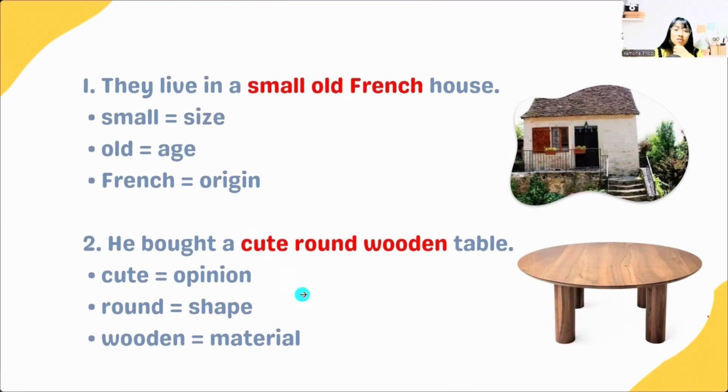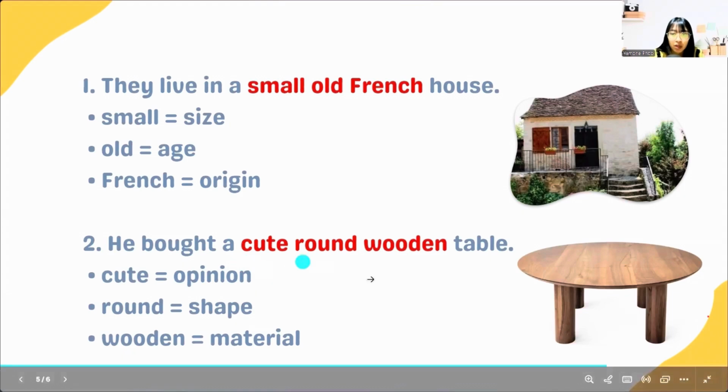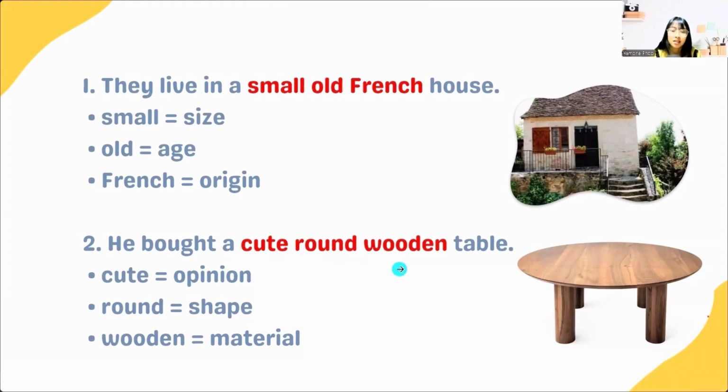So it's opinion, shape, material. We need to order the adjectives like that. When you see two or three adjectives, you can order them like that.